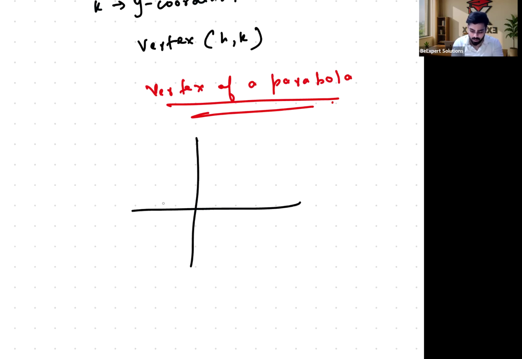This point is what you will name a vertex. And again, because it is going down, it is basically the minimum value. I repeat, this is the vertex, and it is the maximum value.